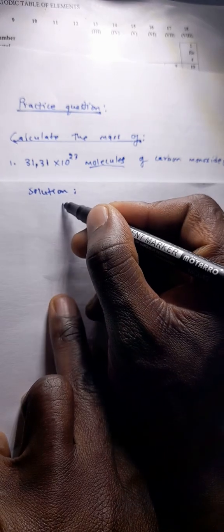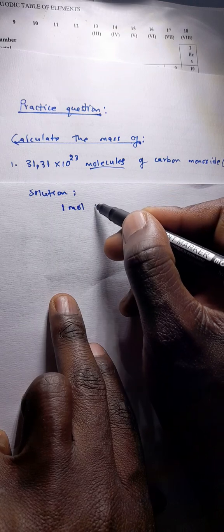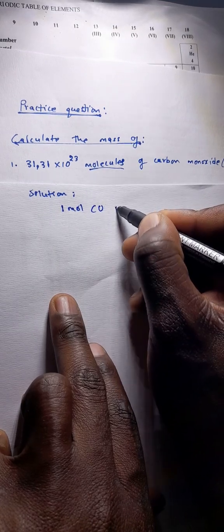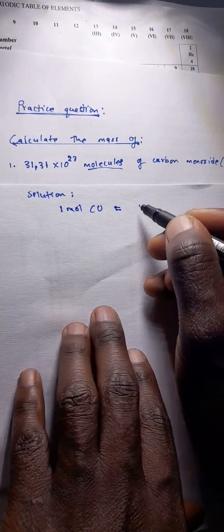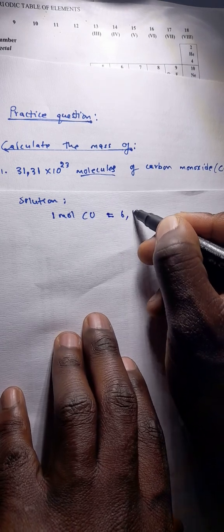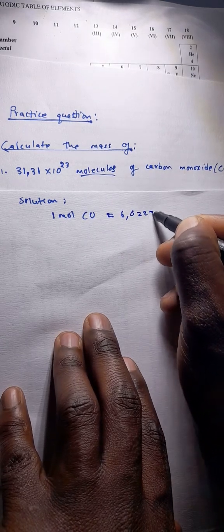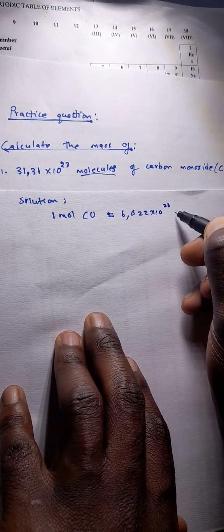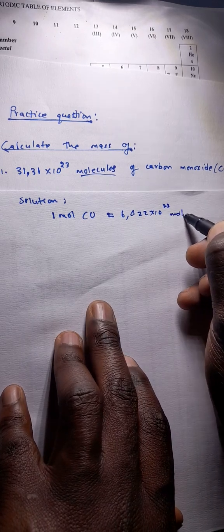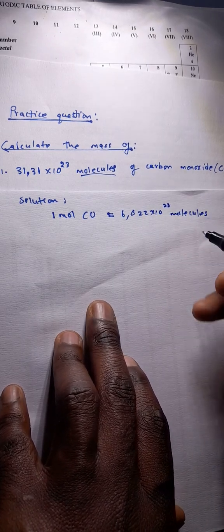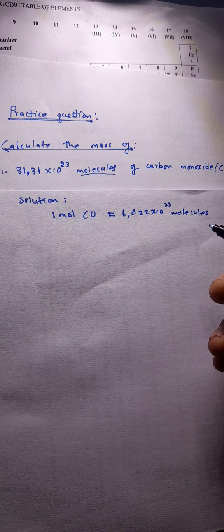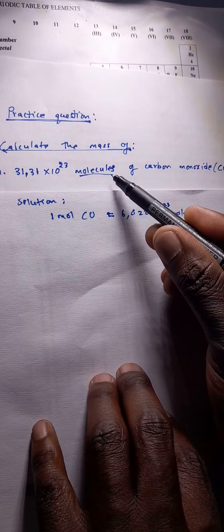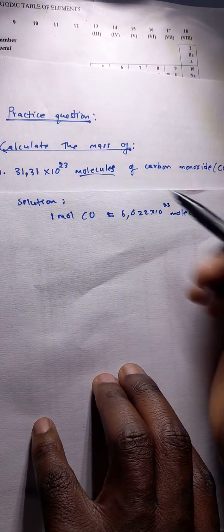We know that 1 mole of carbon monoxide gives us 6.022 times 10 to the power of 23 molecules. Remember, it's molecules, atoms, or ions, depending on what is given. In this case, we are working with molecules.